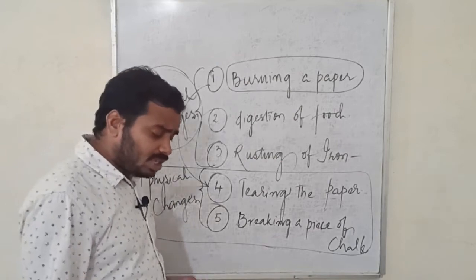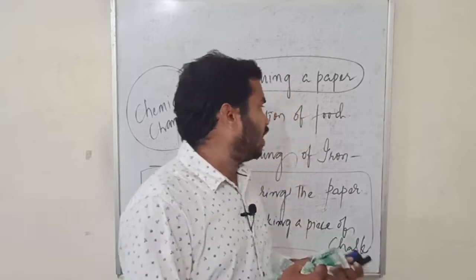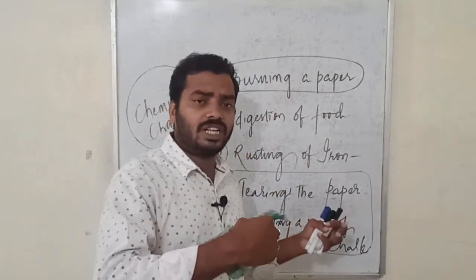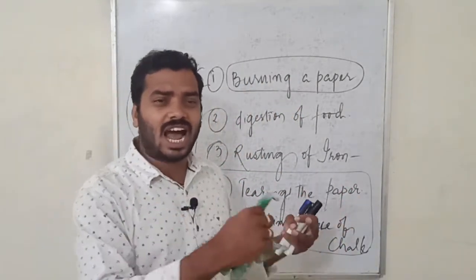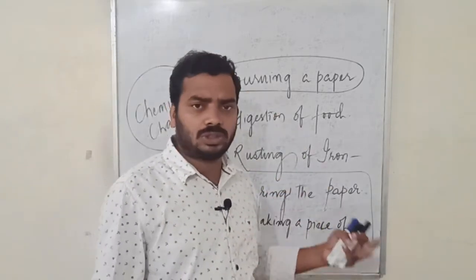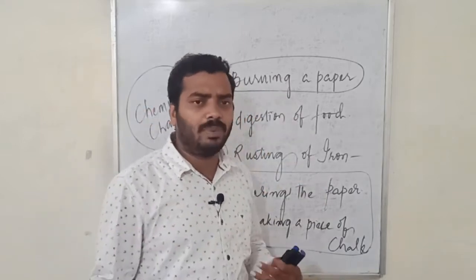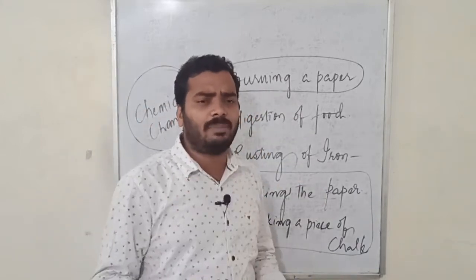So all these can be stated as a statement. Iron reacting with air. Next, starch getting converted into glucose. Here the paper, which is made up of cellulose, is getting converted into ash by burning. All these processes are chemical changes.